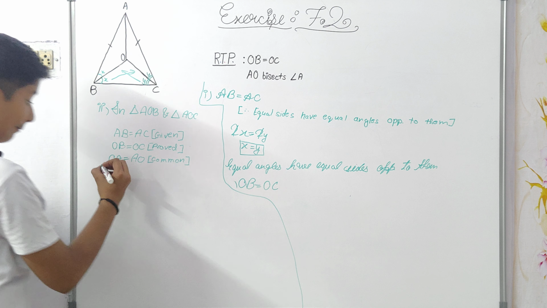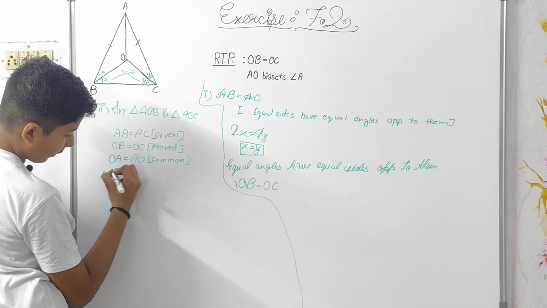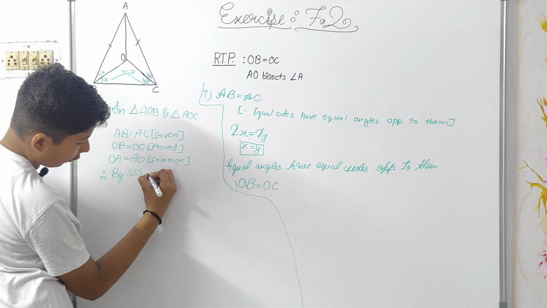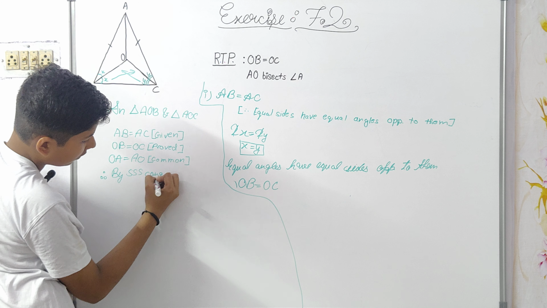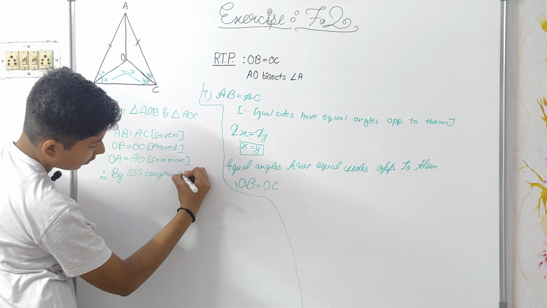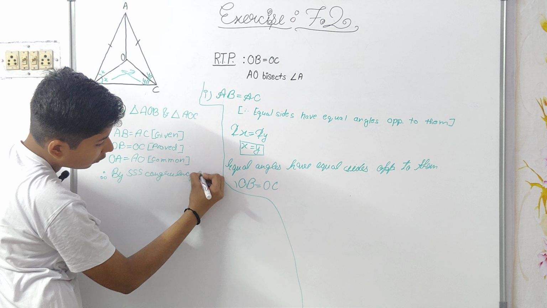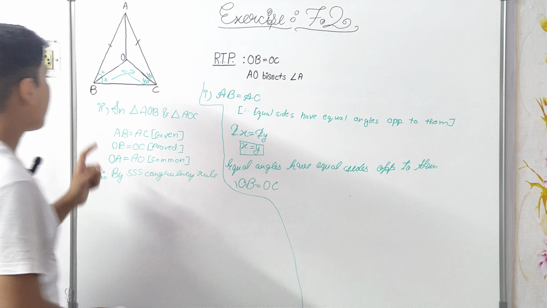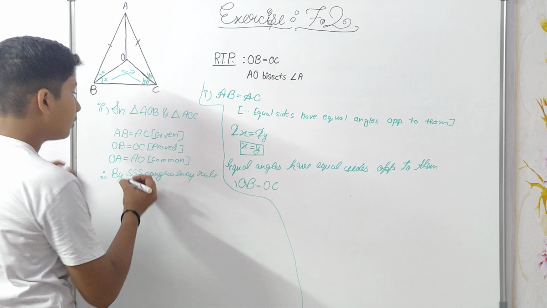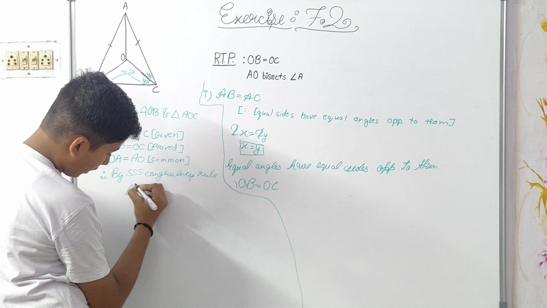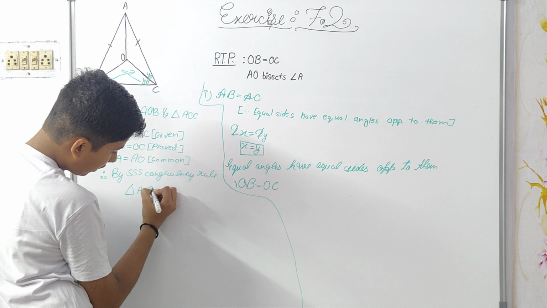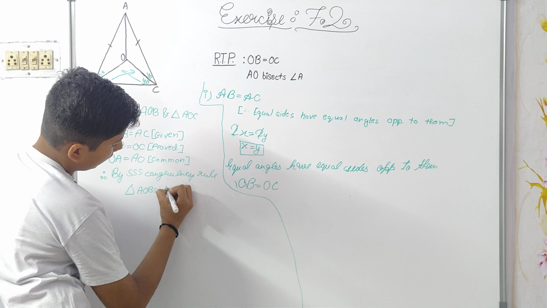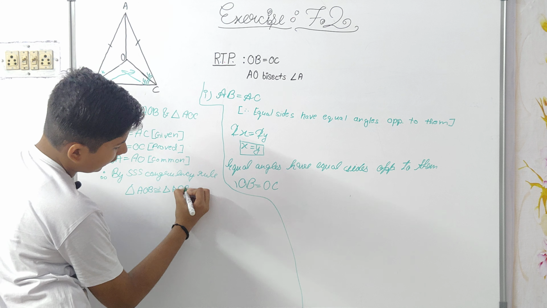Okay. Therefore, by SSS congruency rule, we can say that triangle AOB is congruent to triangle AOC.